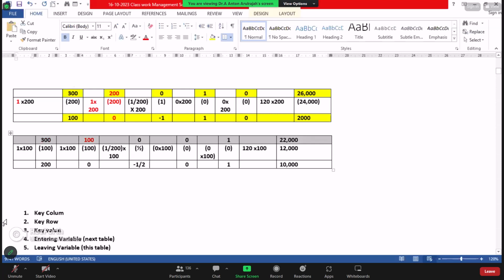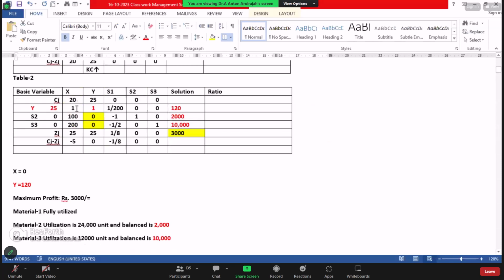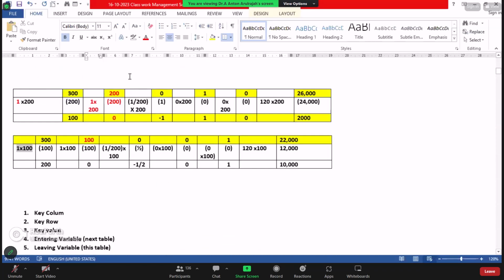This 100 has to multiply by the new row: 1 into 100, 1 by 2 into 100, 0 into 100, 0 into 100, 120 into 100. That is the one written here.